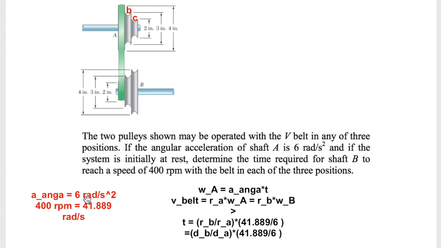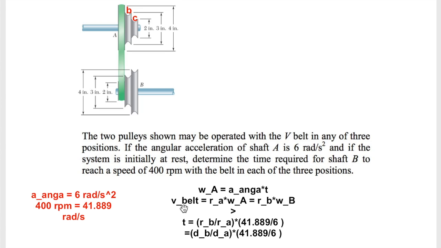So we start with what we know. Angular acceleration of A, 6 radians per second squared. We know that we need B to get to 400 RPM. That's about 41.889 radians per second. And we know this angular velocity of A is the angular acceleration times time.